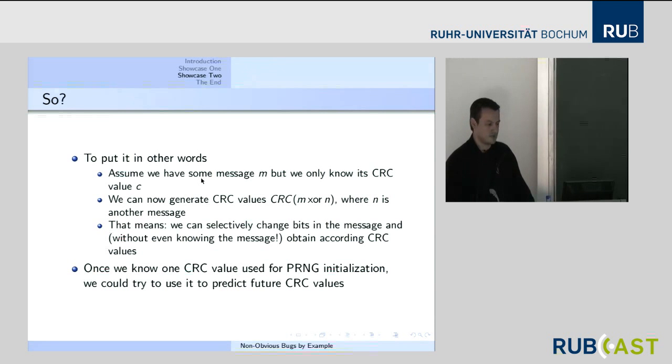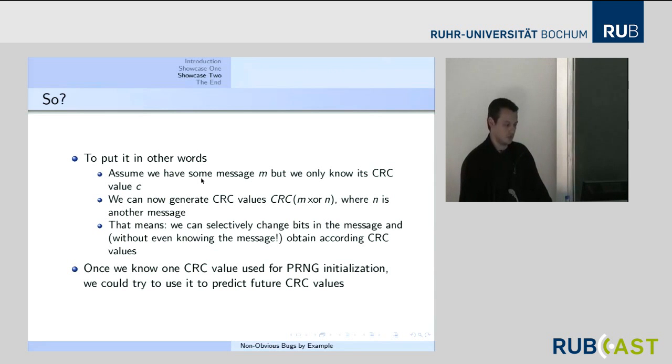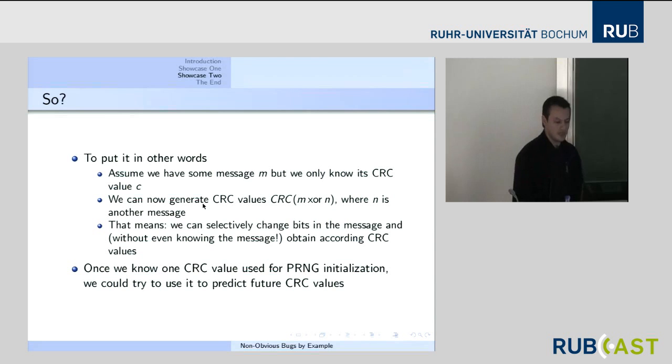Assume that we have some message m, but we don't know the message. We do know the CRC value. What we can do is generate CRC values of related messages where just a number of bits are flipped. So you have your message, flip some bits, and I can generate you the CRC value of your modified message, even without knowing the original message.